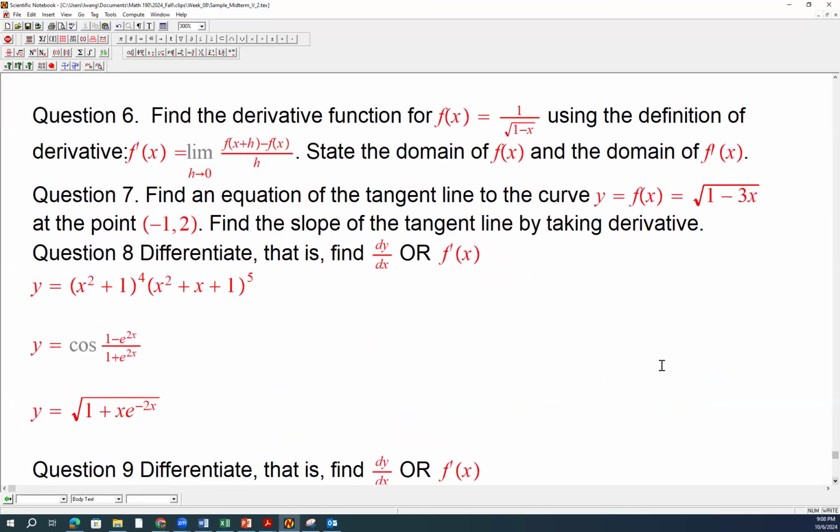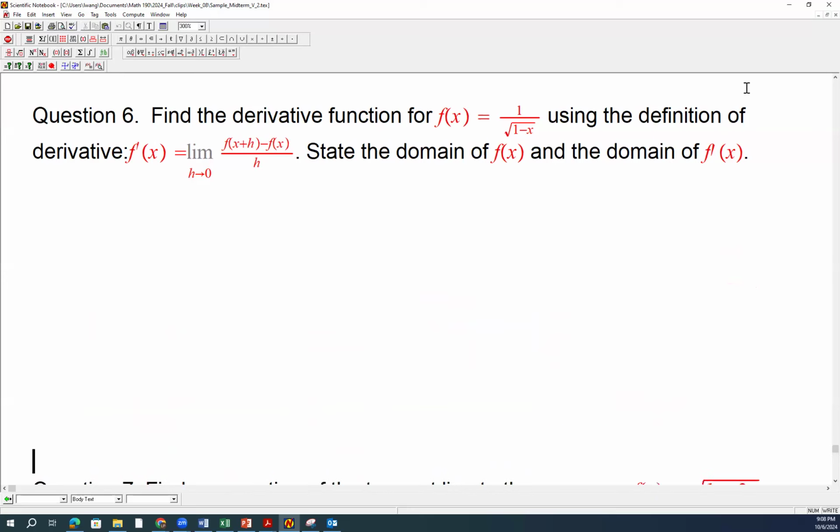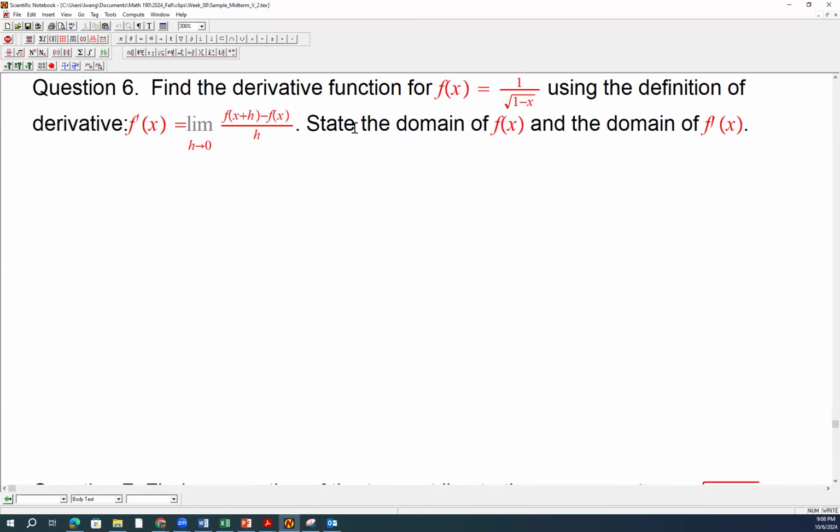Number 6, okay, this question, to find the derivative of a function by definition, I have chosen one with roots, right? And first, let's find out, assuming everything is in the domain, right? So let's see what's the domain of this function.